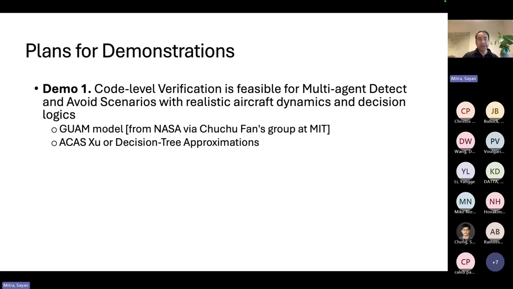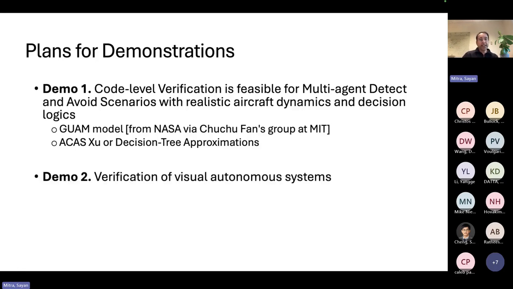So from our point of view, both are interesting, and they illustrate different ways in which Verse can handle very complex decision making, either represented by neural networks or complicated if-then-else rules. So in the next few slides, I'll tell you a little bit more about how we are going to demonstrate this, and also some initial results on how far along we are in bringing all of this together.